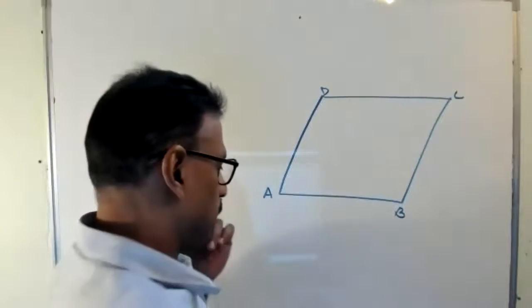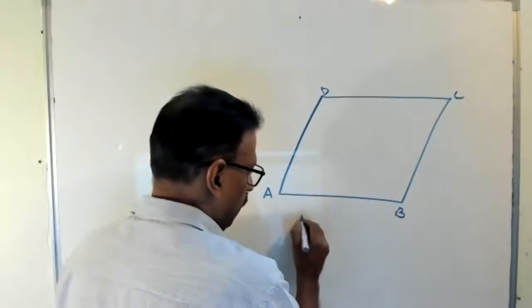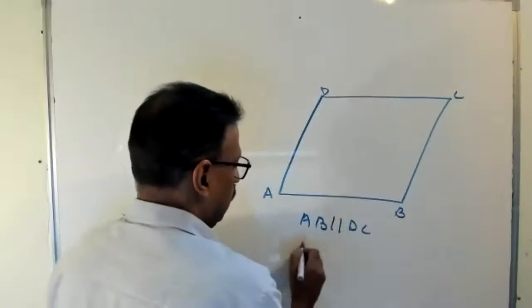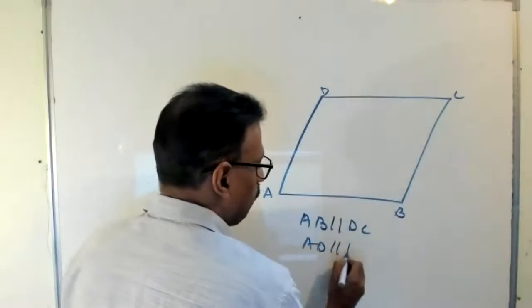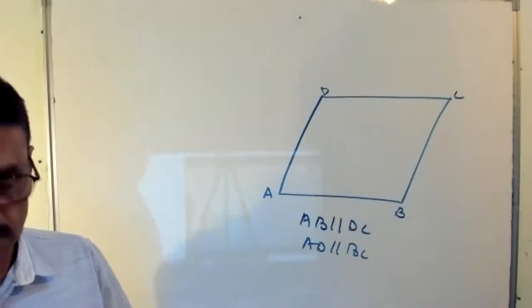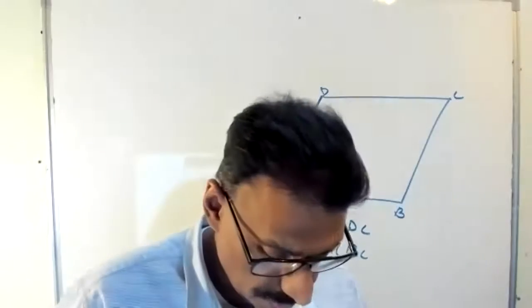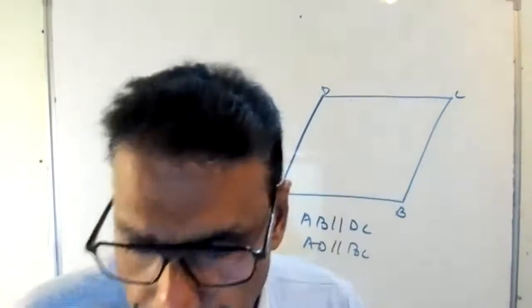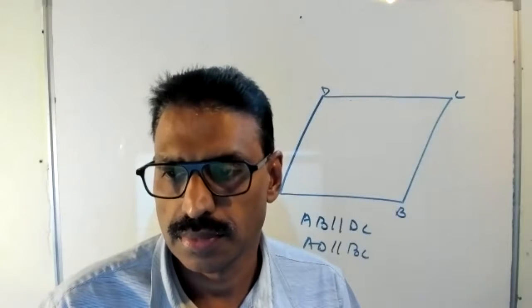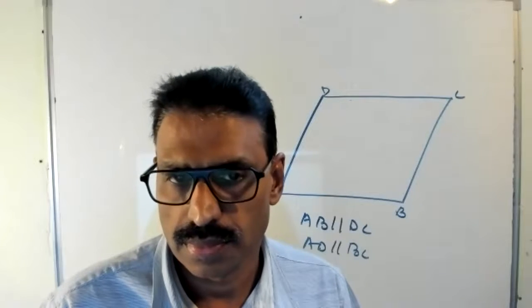Okay. That means draw this figure. AB parallel to DC. AD parallel to BC. Sir, can you repeat the sentence, sir? A quadrilateral is a parallelogram. You heard or not? Hello?